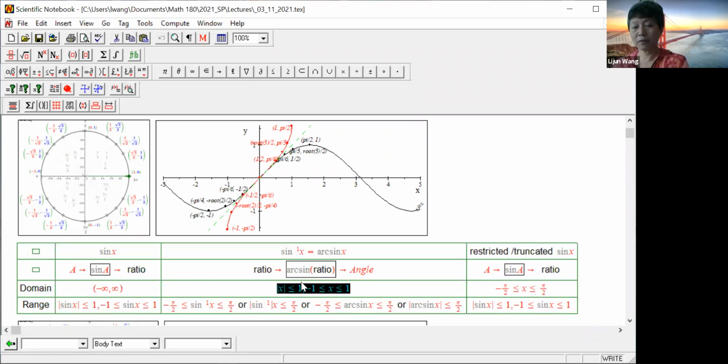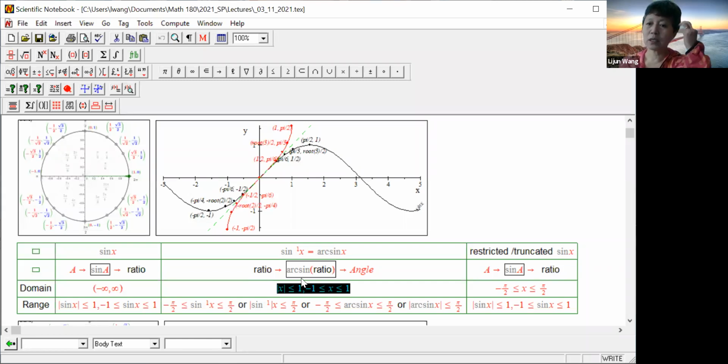Everything we work with, the input has to be in the respective domain, and the output has to be in the respective range. No solution to any function should be outside their domain or outside their range. That's the power of domain and range.